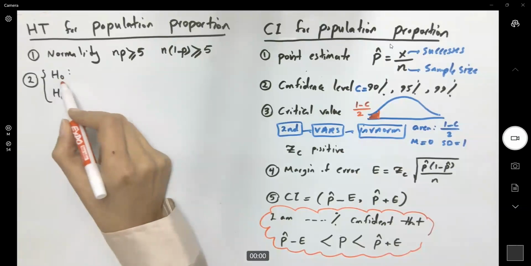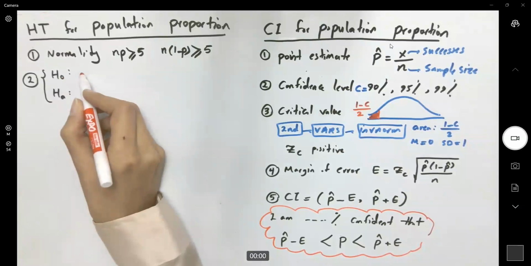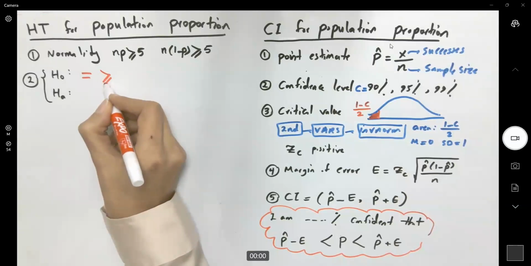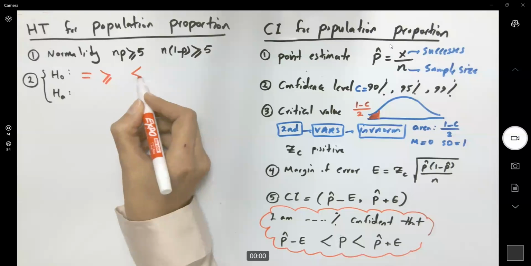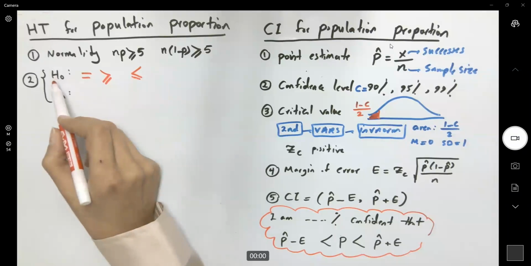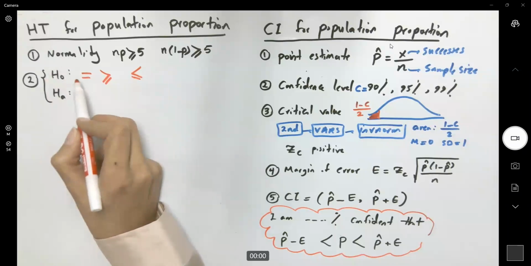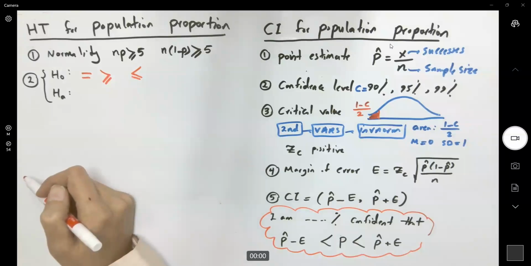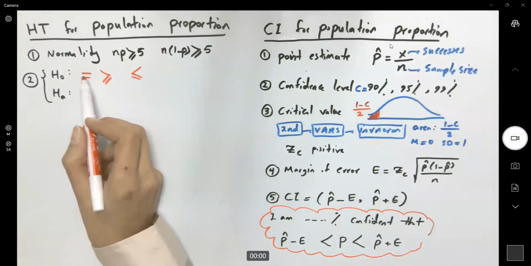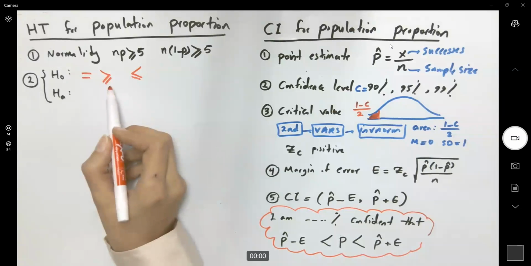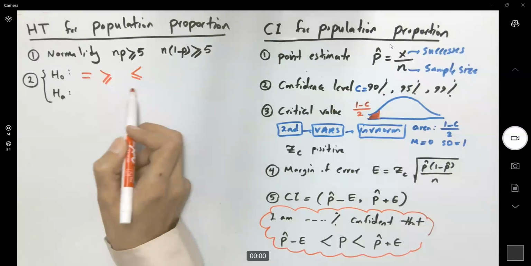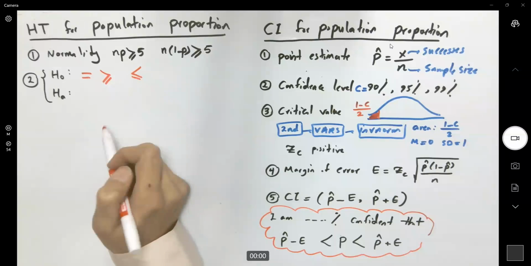To construct the null hypothesis, in the question, we're looking for equality: larger than or equal to, less than or equal to. Your null hypothesis always includes equality somehow, either in the form of equal to, or larger than or equal to, or less than or equal to.